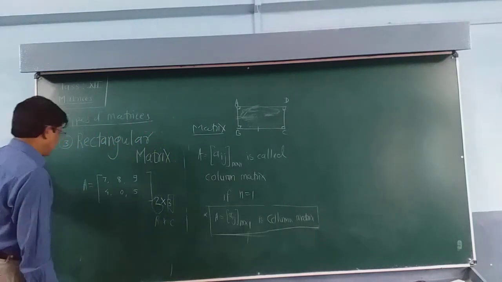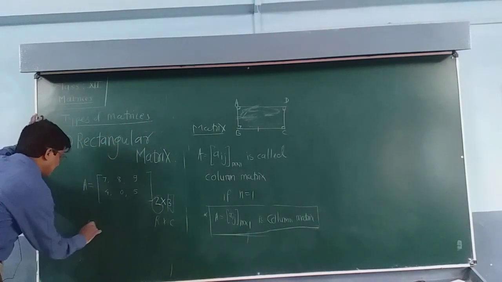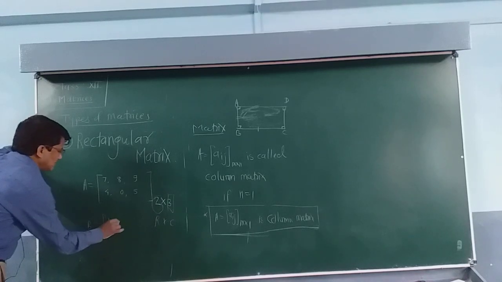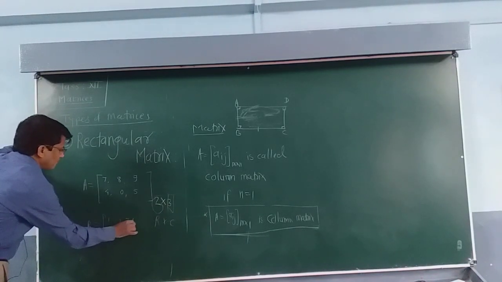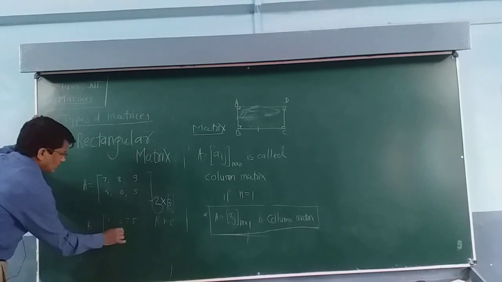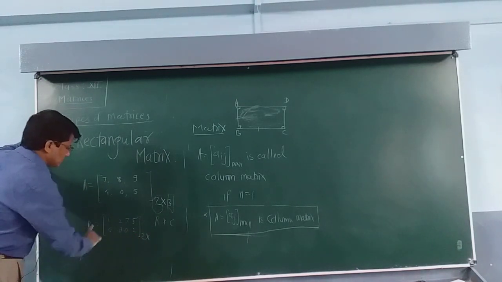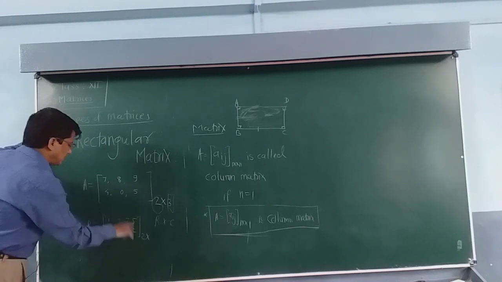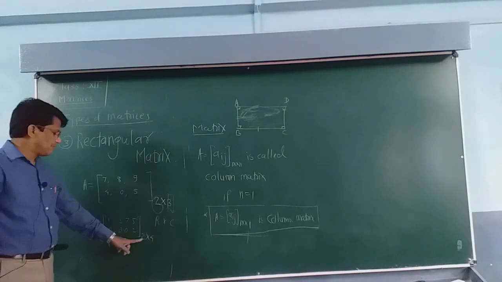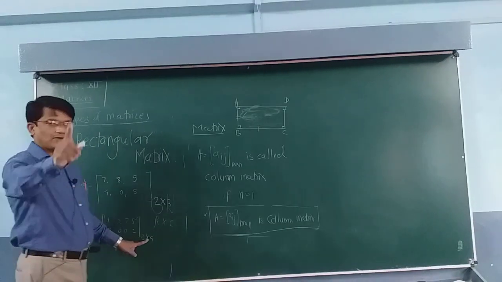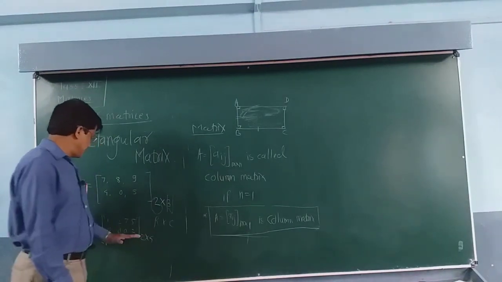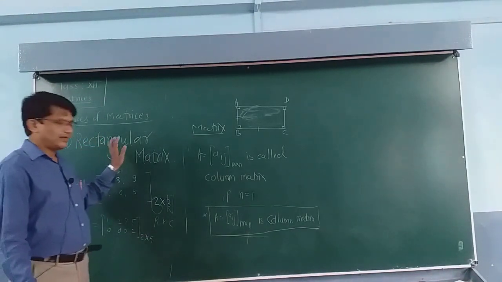Okay, let's see one more example. Suppose 1, 2, 7, 5, 0, 0, 0, 2. What will be the order here? 2 rows and columns 1, 2, 3, 4, so 2 by 4. The number of rows is not equal to the number of columns. So this is again a rectangular matrix.